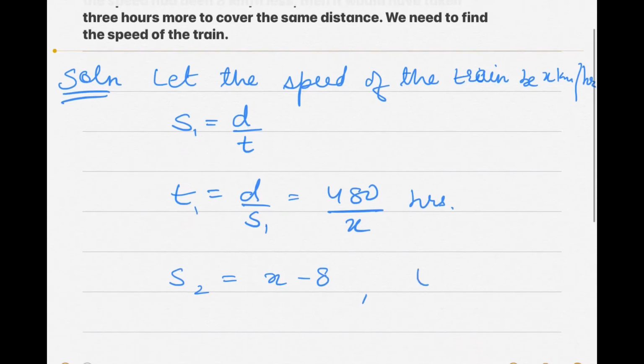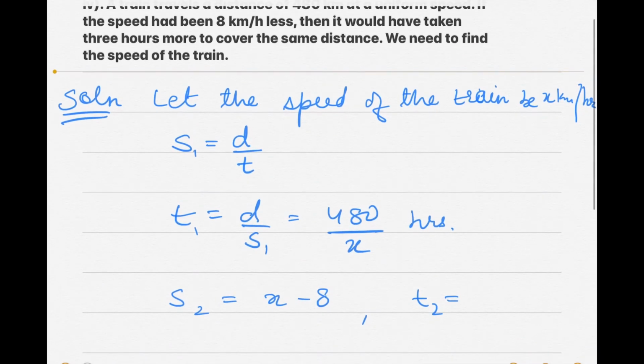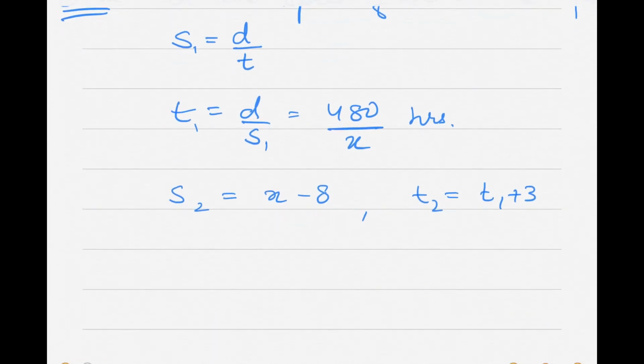Suppose this is time 1, so time 2 is equal to t1 + 3. Now I have to find the speed, so let's substitute. Again my time 2 will be equal to distance, which is the same, guys, by speed 2.